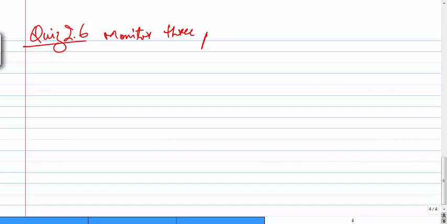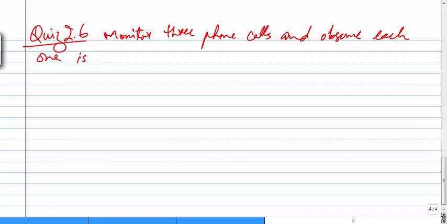Now let's look at a quiz and just clarify this further. Now we have a quiz here, and quiz 2.6 says that a monitor had 3 phone calls and observes each one is a voice call or a data call.